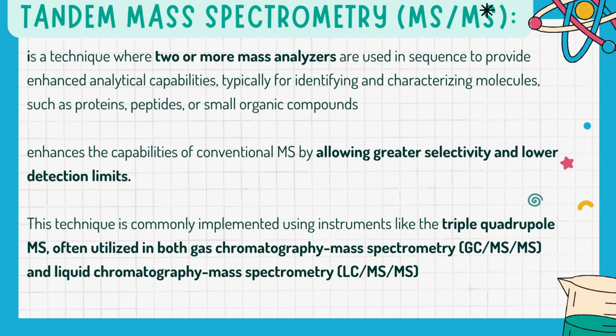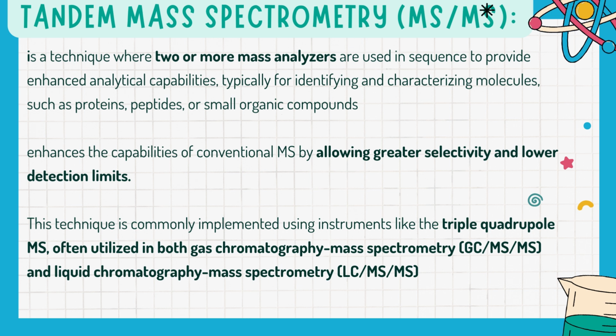So, what is tandem mass spectrometry, or MS/MS? This is a technique where two or more mass analyzers are utilized in sequence to give enhanced analytical capabilities, typically for identifying and characterizing molecules like peptides, proteins, or small organic compounds.